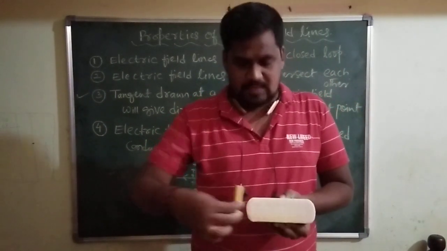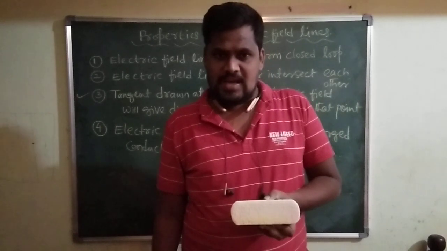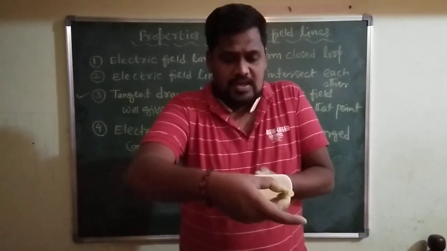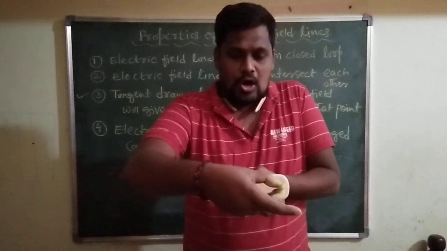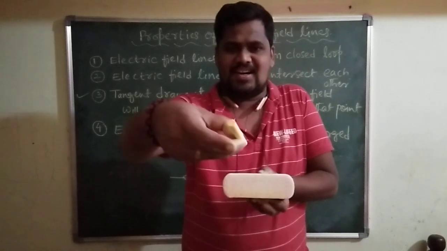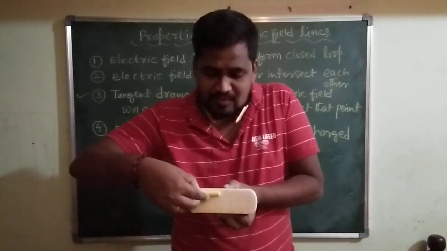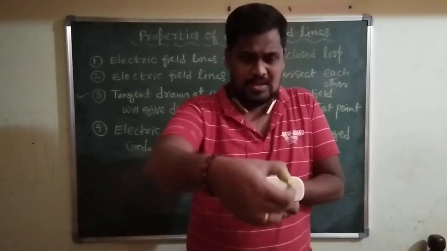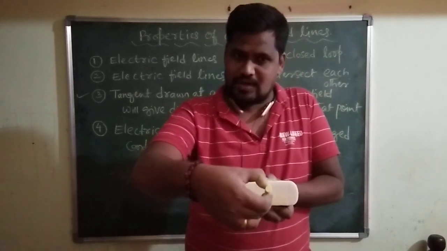How will the electric field lines exist? Electric field lines will exist normal to the surface of a conductor. Electric field lines will never be parallel to the surface of a conductor like this.